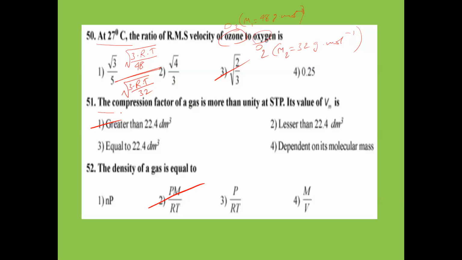Next, the compression factor of a gas is more than unity. The compression factor means compressibility factor Z. Compressibility factor Z greater than 1 means positive deviation. The real gas is showing positive deviation when Z is greater than 1, unity meaning 1 only.